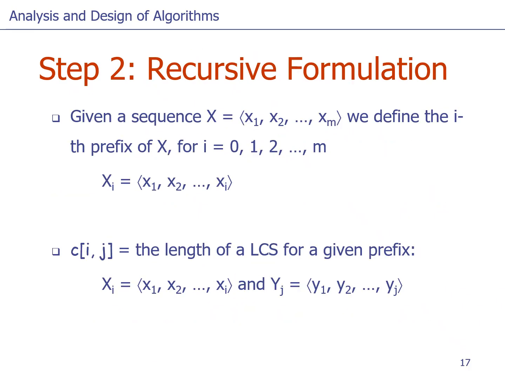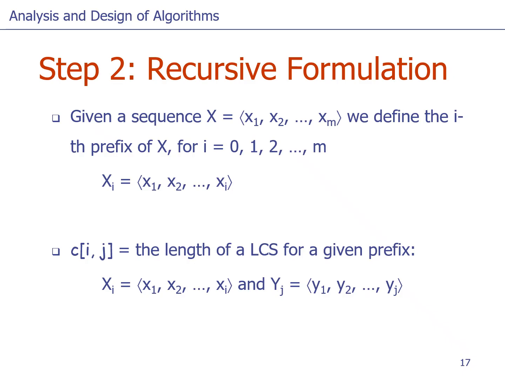Okay, so let's try to formulate the idea we were just describing in the recursive equation that we're going to use to fill in the 2D array of solutions. Now let me read this.